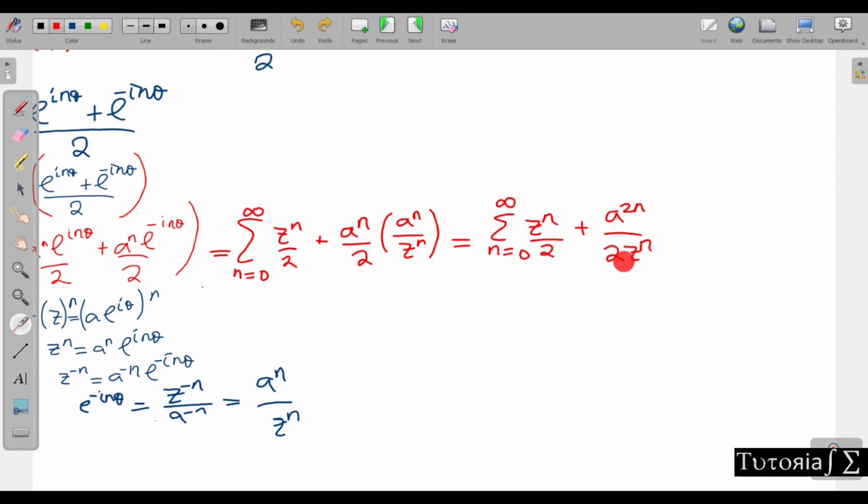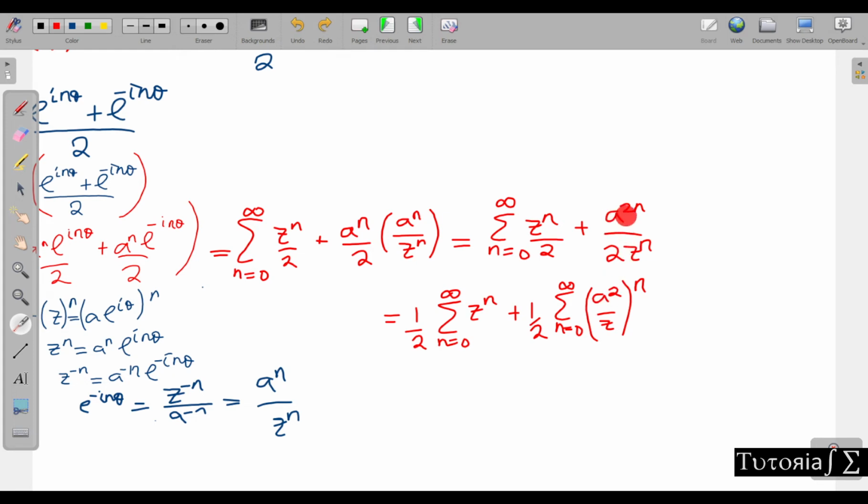We can factor out a half here. You can raise everything to the power n here because we have n and n there, while factoring out the 2. So we factor out half, then we just remain with z to the power n. And here we factor out as well.